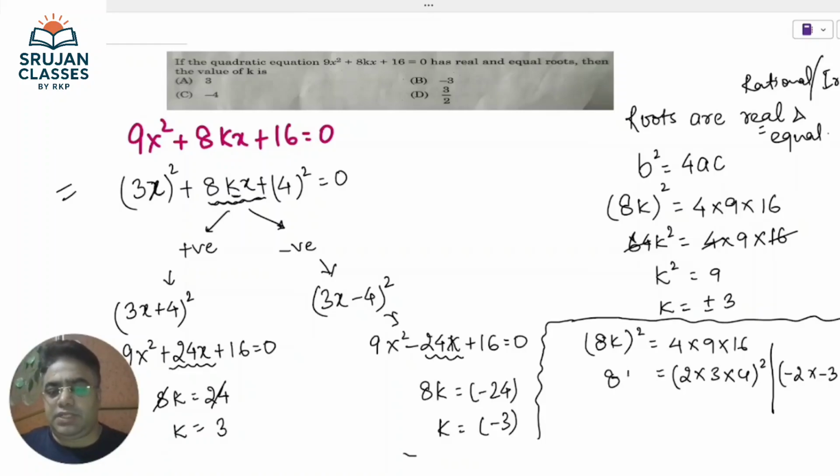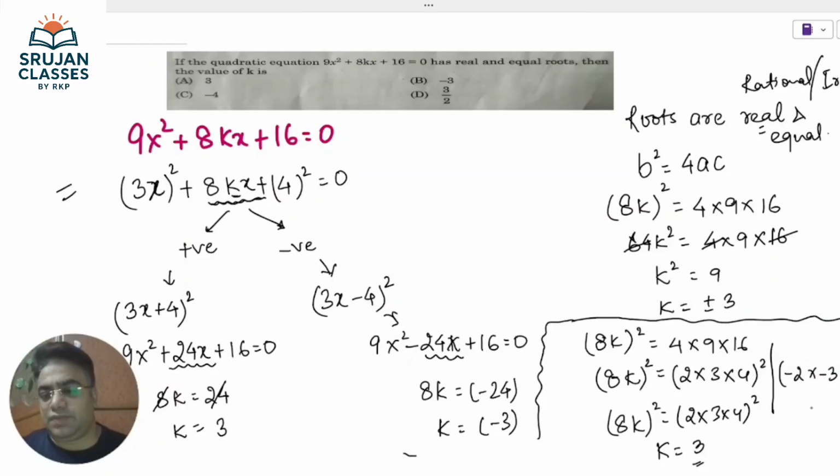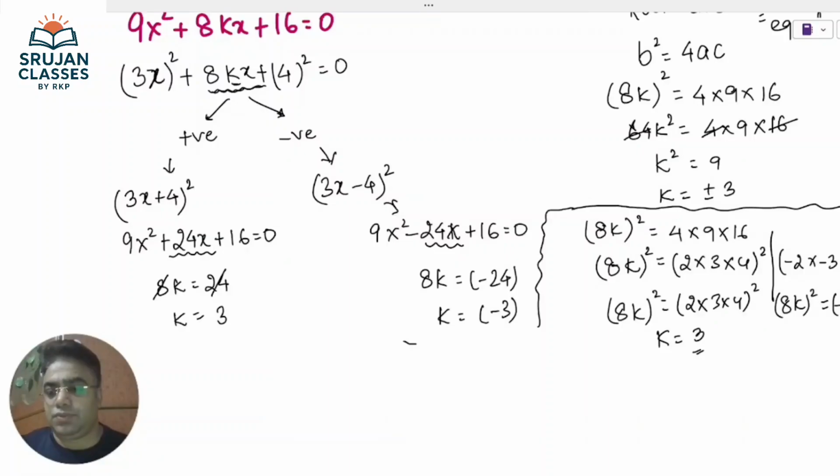So this 8k square, if I compare both equations, I get 8k equals 2 into 3 into 4, so from this we get the value of k as 3. And if I compare over here, it will be minus 2 into minus 3 into minus 4.